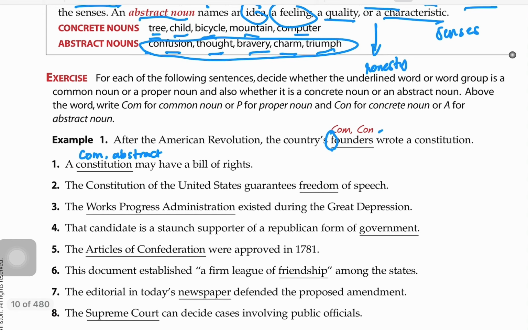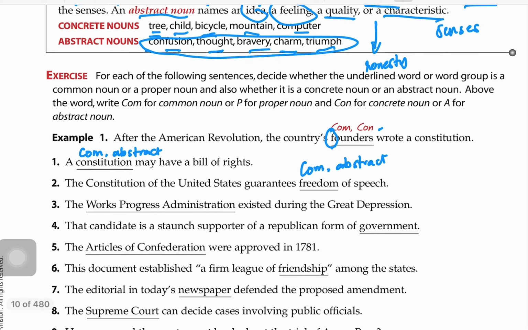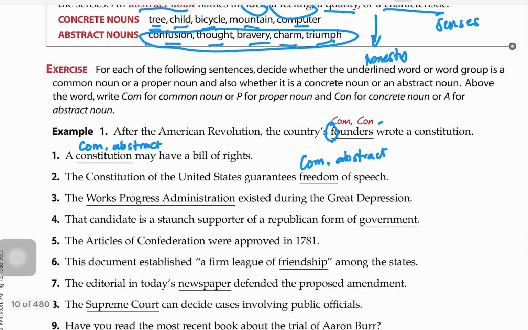Next, the Constitution of the United States guarantees freedom. Freedom is a common noun. At the same time, freedom is something intangible, so it's abstract. The Works Progress Administration existed during the Great Depression. So this is a proper noun and it's also a concrete group, a group of people.